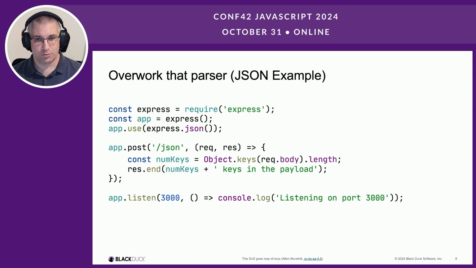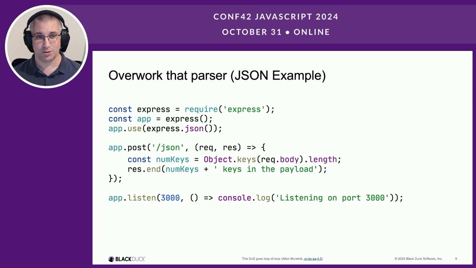Now, I was trying to figure out how I can illustrate this and show you how bad this really is. And as a DoS geek, I was struggling to find a way. But then I remembered I'm not really a DoS geek. I am a DoS nerd. The difference is a geek will tell you about something they're passionate about.